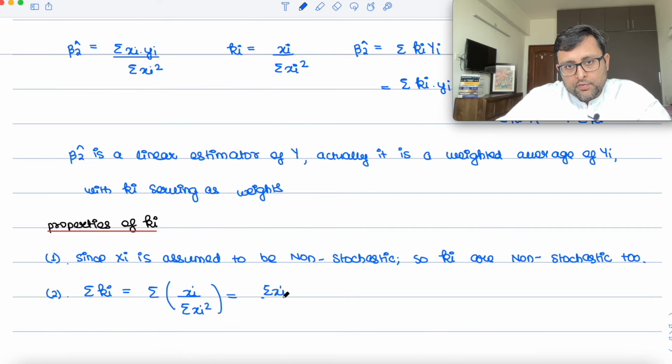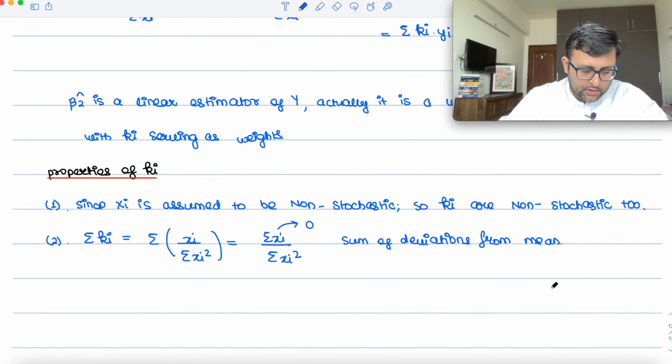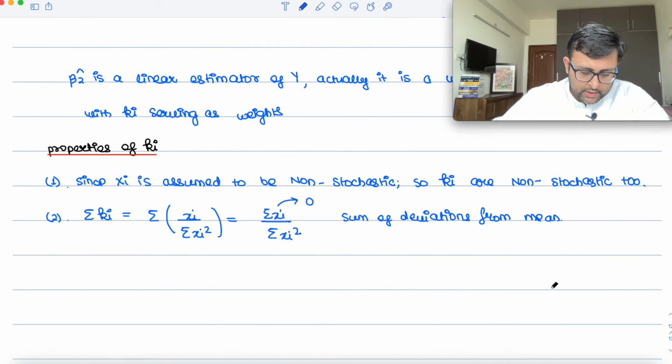It is summation of small xi upon summation of small xi square. So this is equal to 0. Why? Because this is the sum of deviations from the mean.